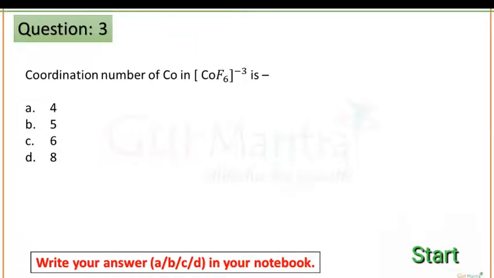Next question. Coordination number of Co in CoF6 3-. Options are 4, 5, 6 or 8. You have to calculate the coordination number in the given complex.